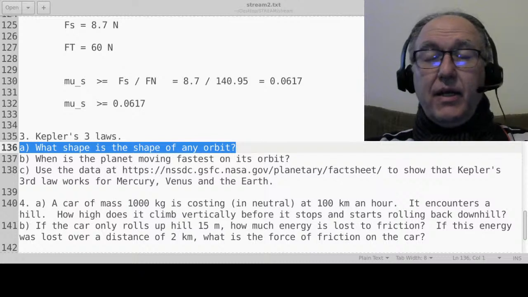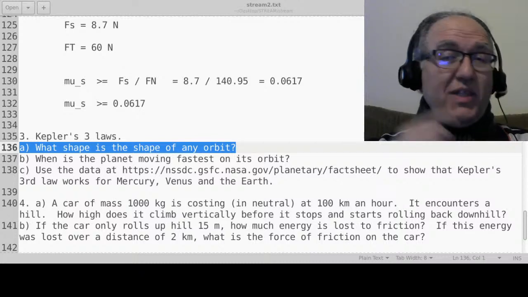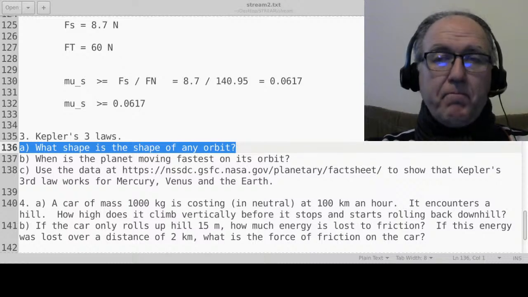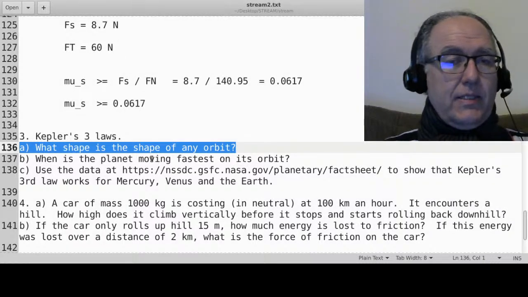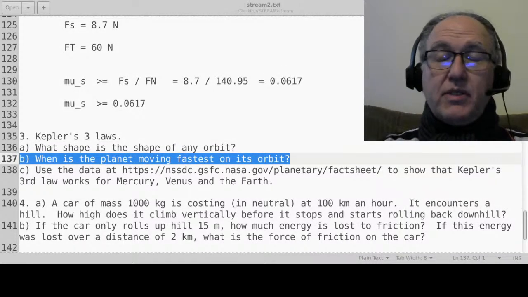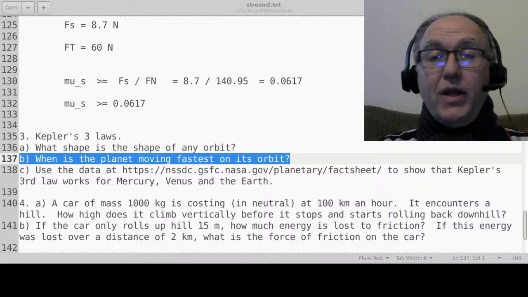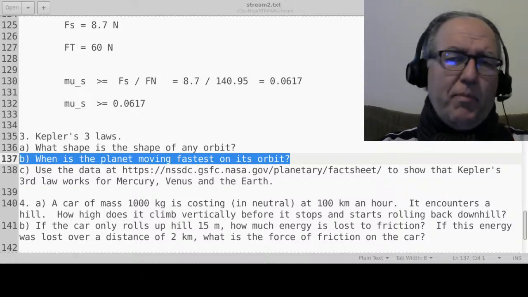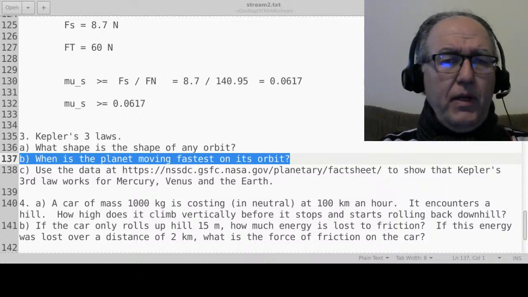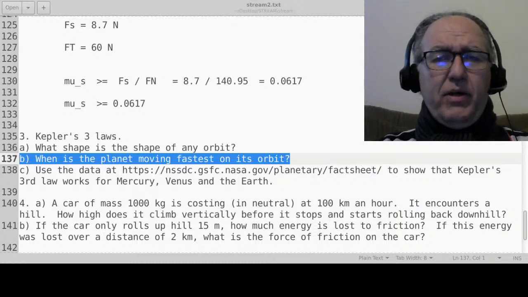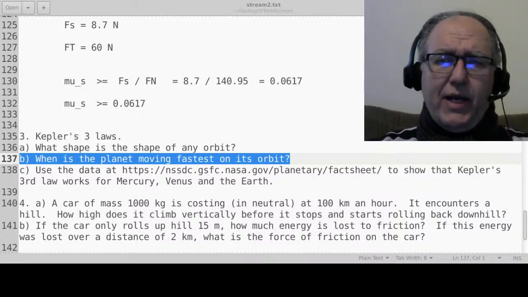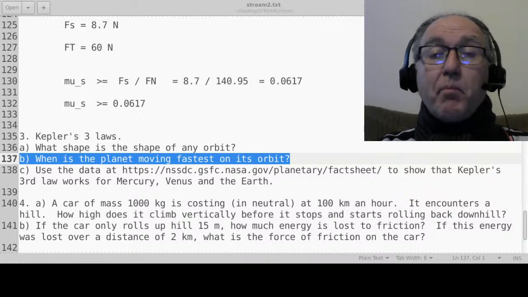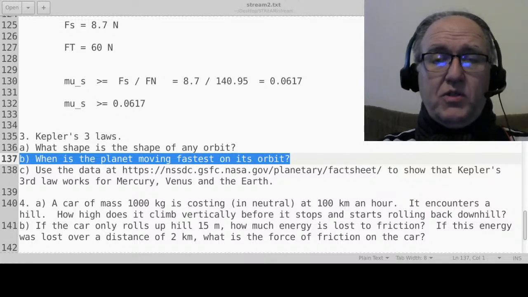To be more correct, the orbits are ellipses with the sun at one of the 2 focal points, because ellipses have 2 focal points. Now the next thing is Kepler's second law. Kepler's second law is the one that no one can ever remember, because it has to do with how much area is swept out in an equal amount of time. A better way to think about it, just qualitatively, is that the planets move fastest when they're closest to the sun.